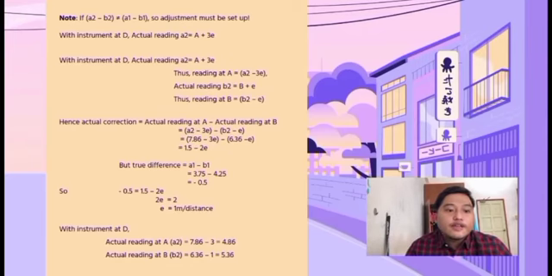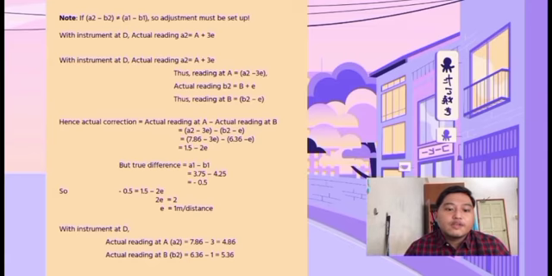Note, if A2 minus B2 is not equal to A1 minus B1, then adjustment must be done. With the instrument at D, the actual reading A2 equals A plus 3E. Thus, the actual reading at A equals A2 minus 3E.